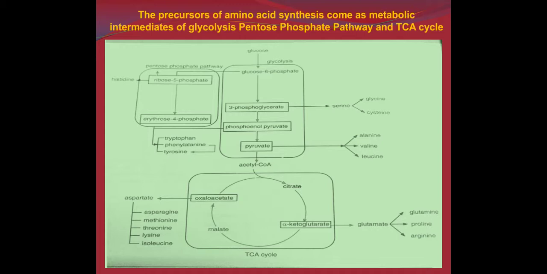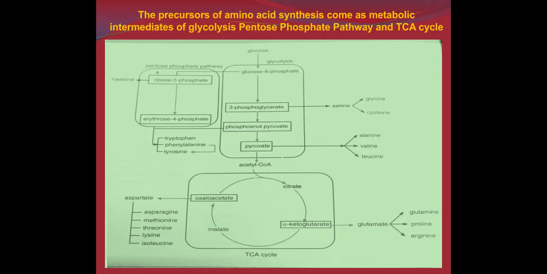All amino acids are synthesized by transamination of keto acid, and these keto acids are derived from the intermediates of glycolytic pathway, pentose phosphate pathway, and tricarboxylic acid cycle.